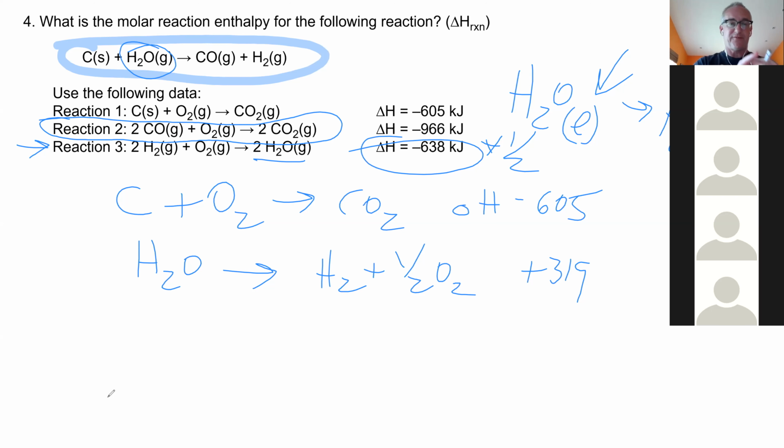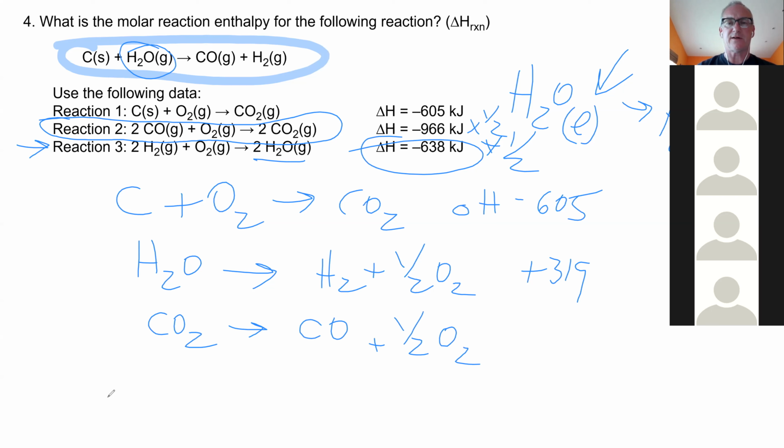So I'm going to flip that one as well and multiply it by 1/2. So let's do that, see what we get. This time I'm going to have CO2. Just 1 mole of CO2 gives me just 1 mole of CO plus half a mole of O2.